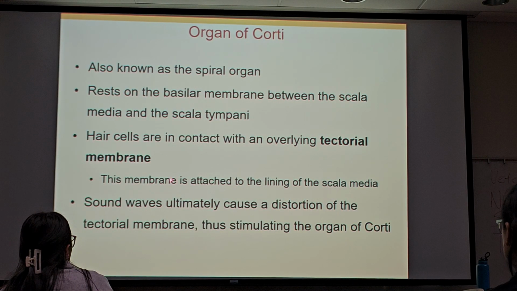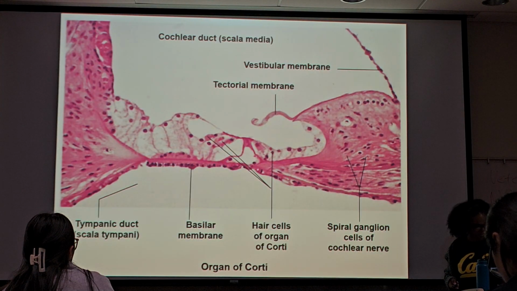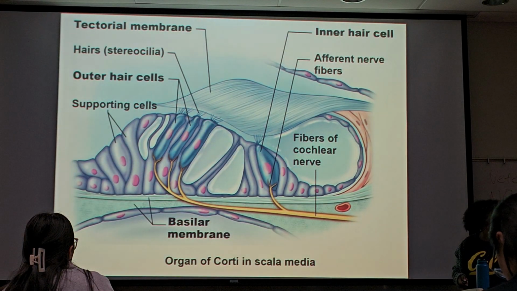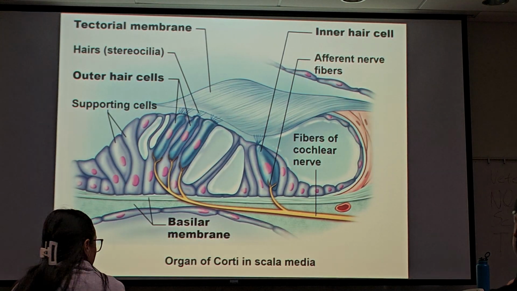Here is the tectoral membrane. And when it gets disturbed by waves, it's gonna stimulate those hair cells. We're gonna fire some information via electrical impulses, starting with release of neurotransmitter.